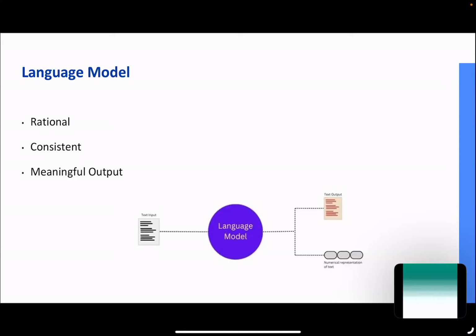The responsibility of the language model is to give relational output, consistent output, and meaningful output. The language model will take a large amount of text input and do some type of processing, and in the case of ChatGPT, it uses the transformer to give output.